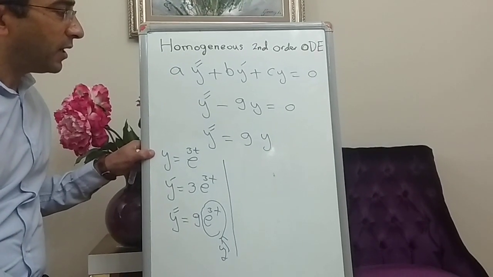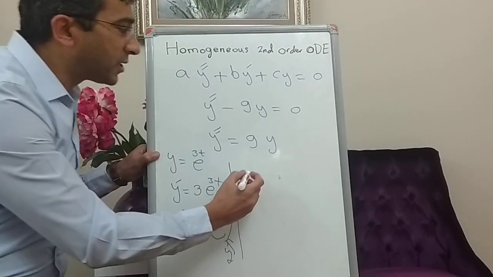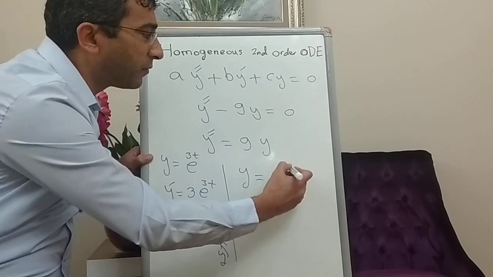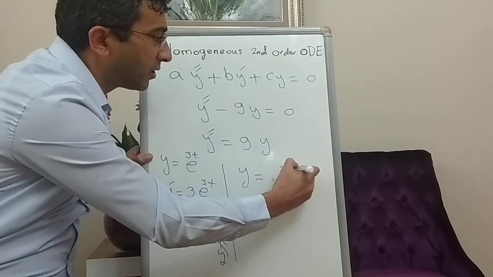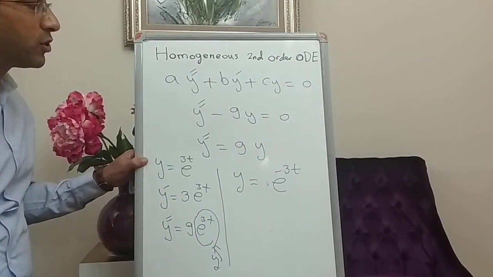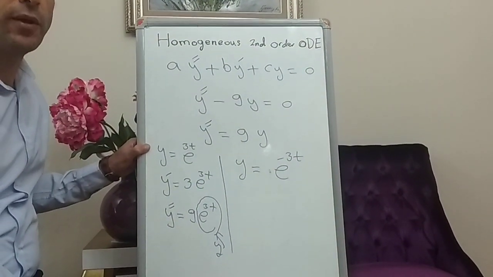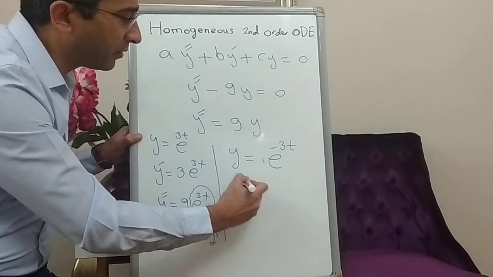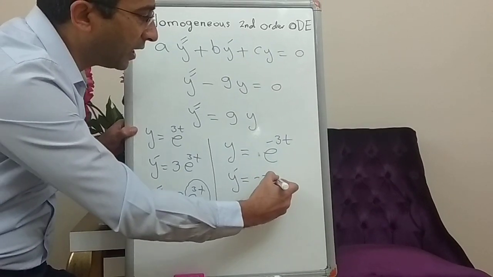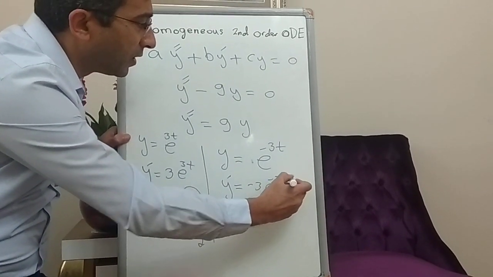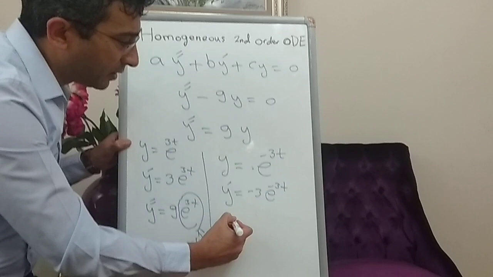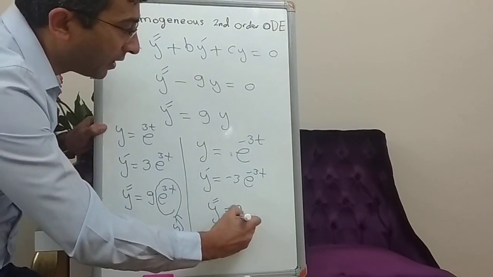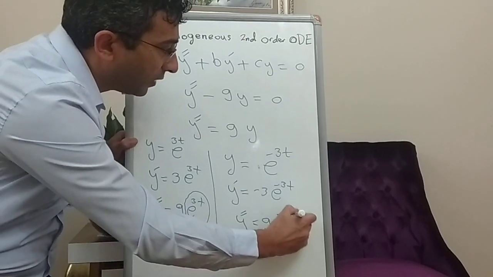Another student may say there is another guess. I can also assume that y is equal to the exponential function e to the minus 3t. Is this a solution for my differential equation? The first derivative is minus 3e to the minus 3t, and the second derivative, minus 3 times minus 3, gives 9e to the minus 3t.